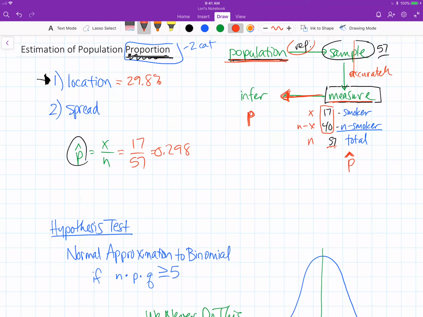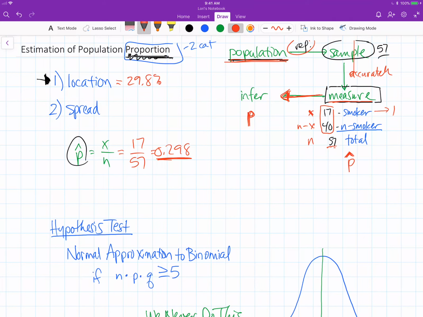One of the things that I would like to point out is that this proportion that we end up measuring is a bit of an average. When we're calculating a mean, we're calculating the average of all the measurements. Here, smoker, let's say, is coded as a 1.